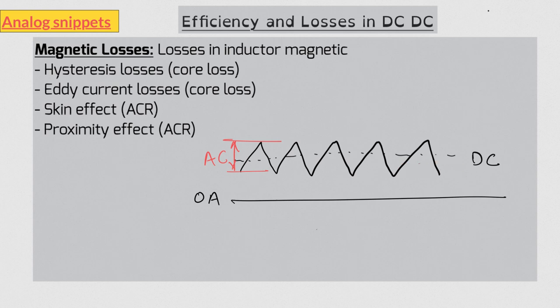The ohmic loss or conduction loss, which is also known as copper loss, is associated with the DC component of this current, while the losses mentioned here are associated with the AC component of this inductor current. At high load current, the contribution due to the AC losses can be very small, but AC losses can be a major contributor at low or no load conditions. Okay, now let's look at these losses in some more detail.